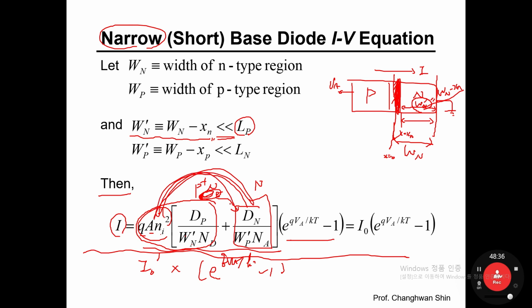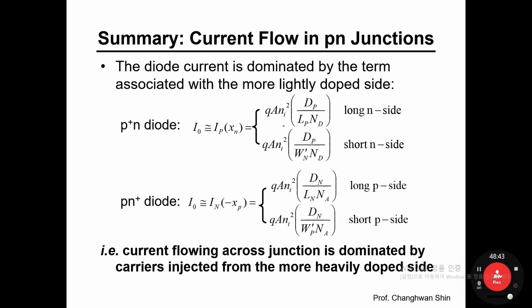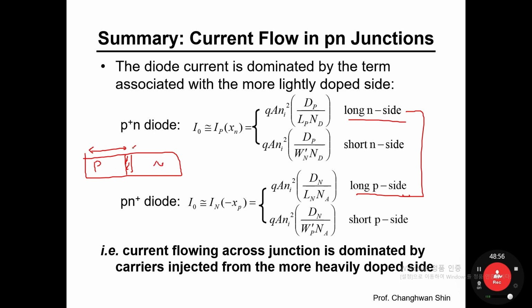All right, in the summary slide, long N side and long P side, by combining those two, this is very long and that is very long. This is the ideal diode, right? Then the saturation current value I naught is QA ni squared times dP over LP ND plus QA ni squared dN over LN NA.